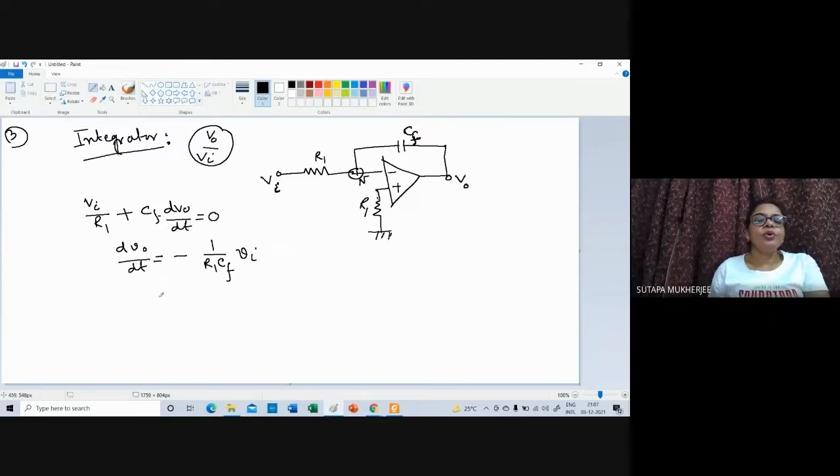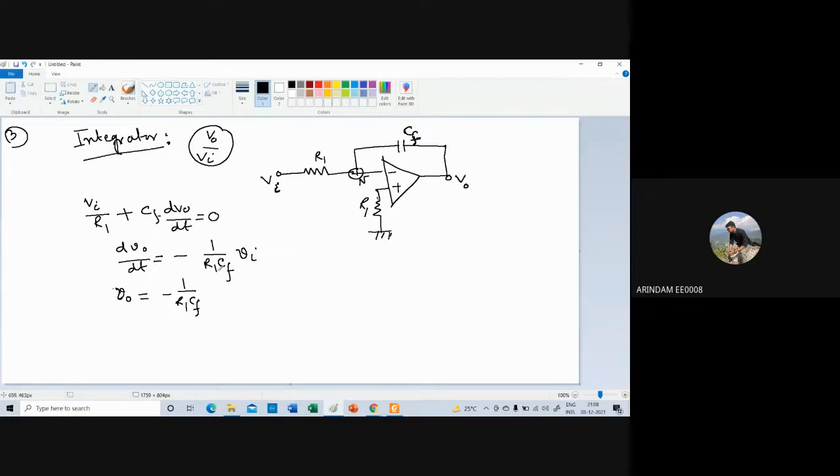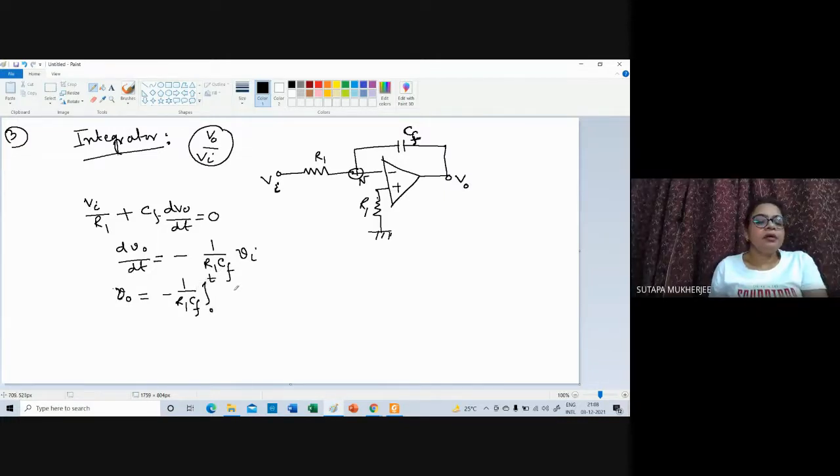So what is V0? Take the integration. V0 will be minus 1 by R1 CF, integral from 0 to t of VI dt, plus the initial value.